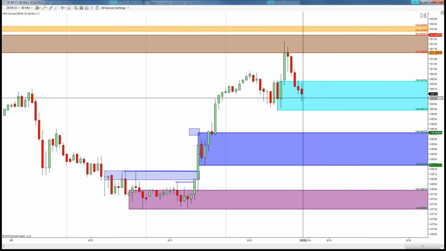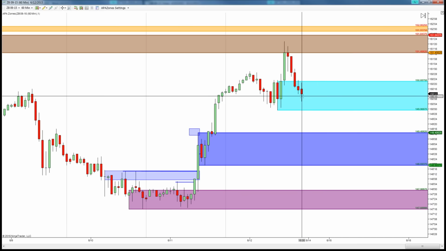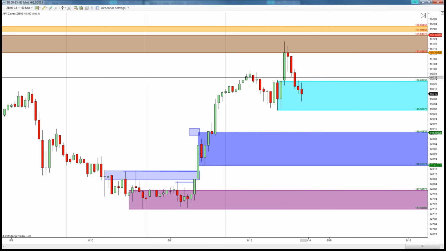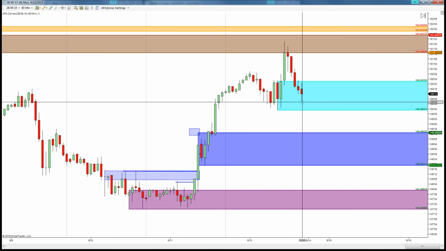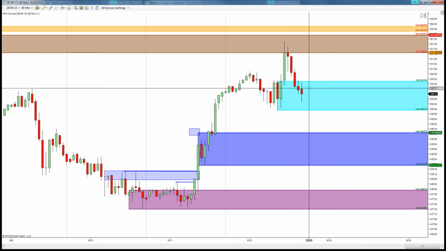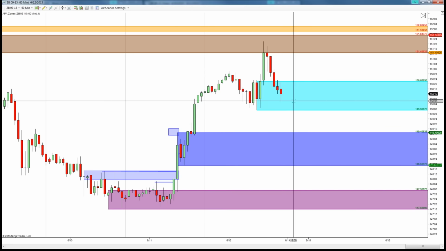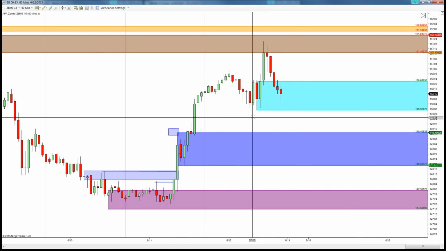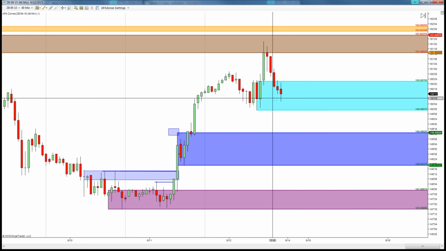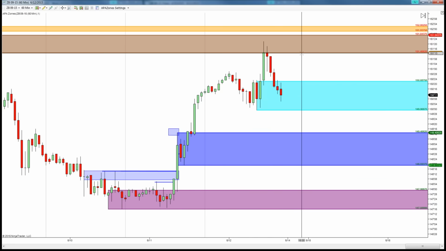I don't want to be a blind buyer just buying this level just because it's a level right there. I want to wait and let price confirm this level for me. All right. So I think that's important in the grand scheme here, is to wait and let this level confirm itself. All right. And then we take it up.